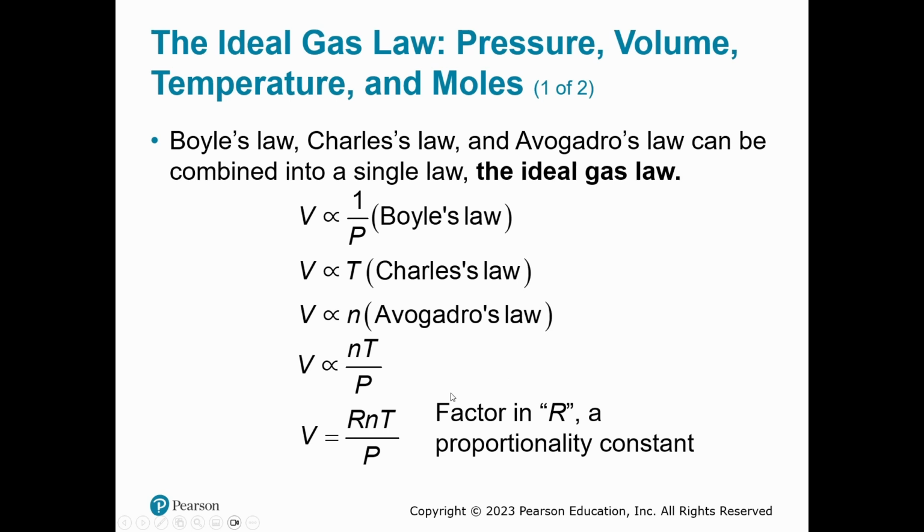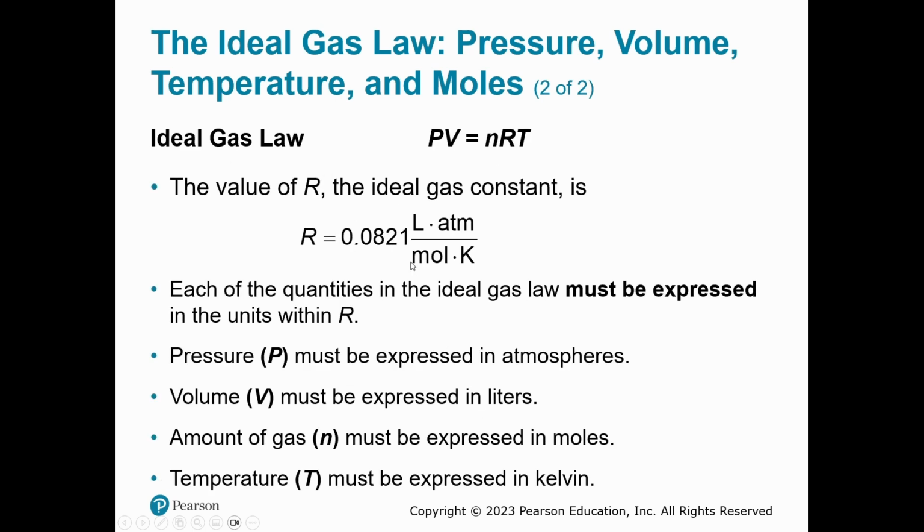So you'll notice here that we have volume, moles, temperature, and pressure. R is going to have all of those units so that they cancel out respectively. R is liters times atmospheres per mole per Kelvin. This is going to be the unit of the ideal gas constant for this class. You can switch it to whatever you want.